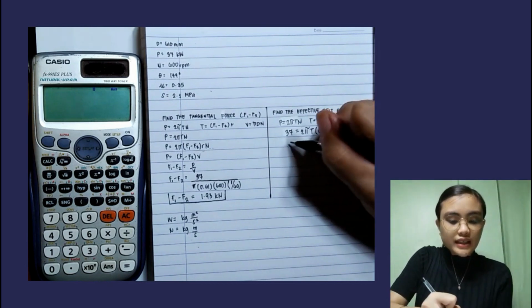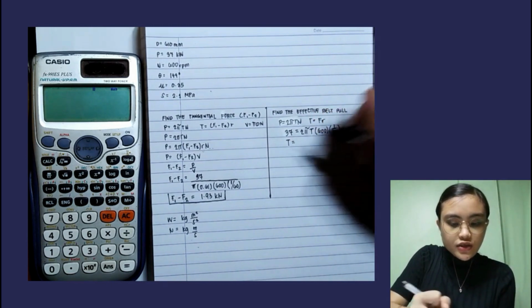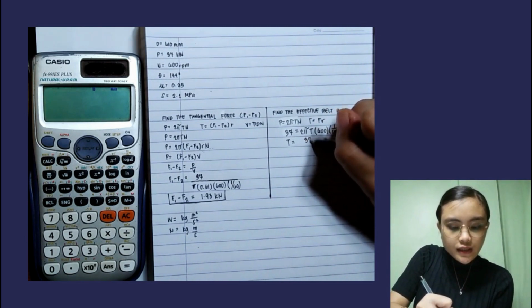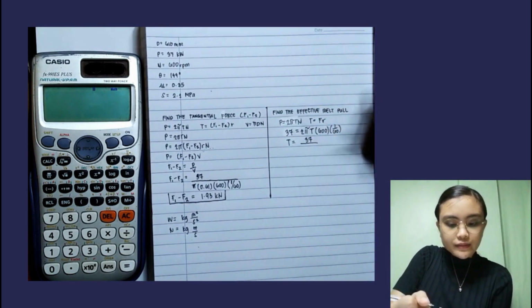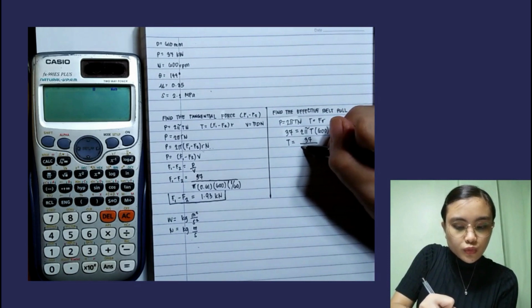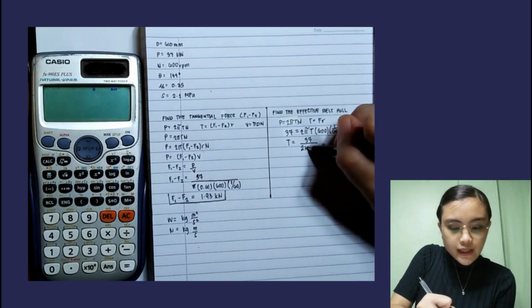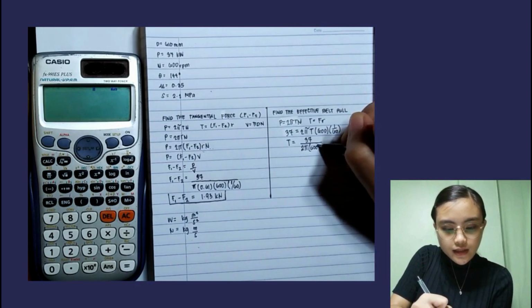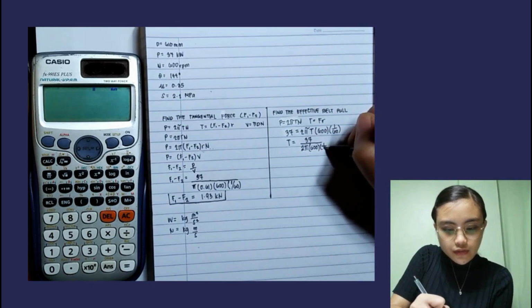So T is just 37 over 2 pi times 600 times 1 over 60.